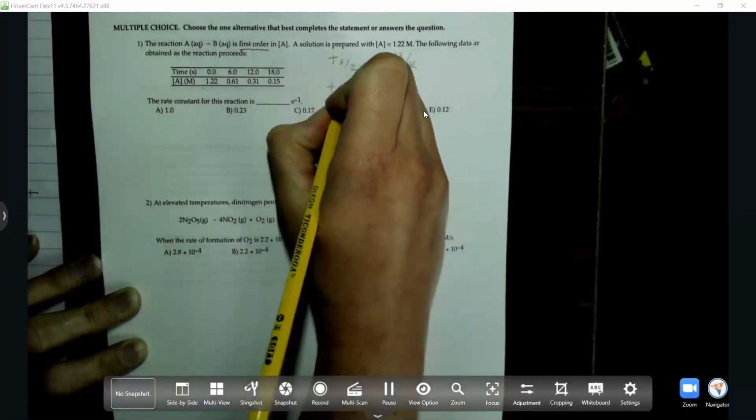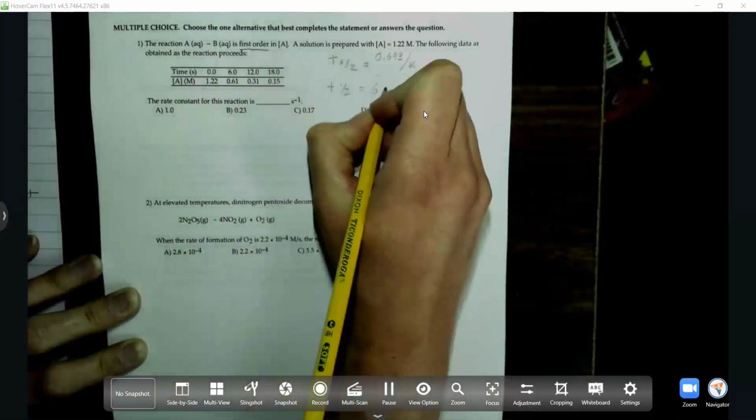All right, so looking at the data, we start at 1.22 and then we go down to 0.61. So that's half, okay? So we have our half-lives. So every 6 seconds, we lose another half of the concentration. So our T1/2 is 6 seconds.